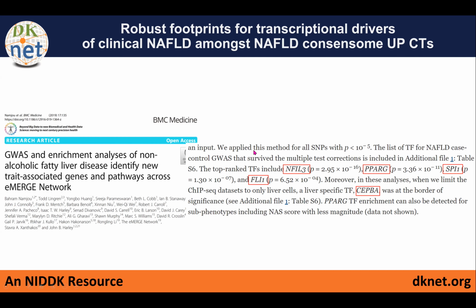We identified a study that had identified a set of 5 factors, the motifs for which were enriched among targets that contained SNPs that were associated with NAFLD. And I'll refer to this study that identified these 5 nodes by the surname of the first author, that is Namju.